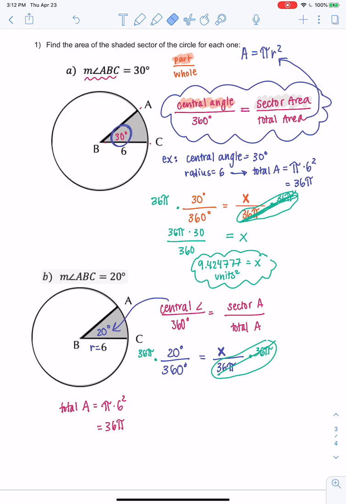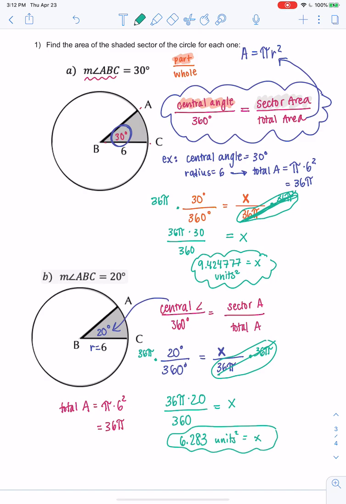Then we have 36 pi times 20 divided by 360 equals x. And this is again where you take your calculator, 36 times pi times 20, and then divide by 360. So that's 6.283 units squared, which is equal to our sector area.